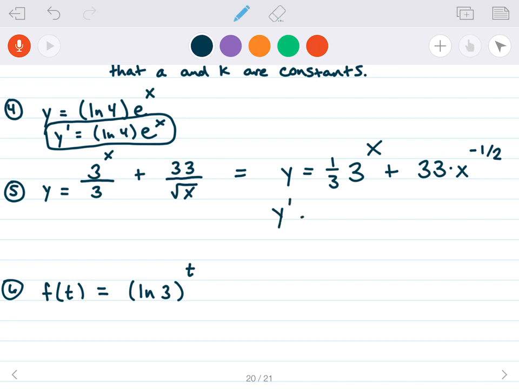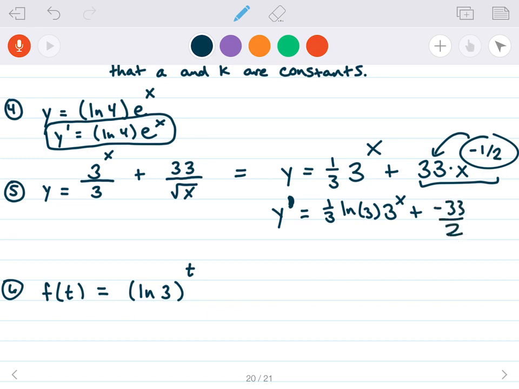So y prime by the orange rule on the previous slide is going to be 1/3 ln of 3 times 3 to the x, and then we have plus. Now this guy, I'm just using the power rule because we don't have a variable in the exponent. So remember, I multiply these together and subtract 1 from the exponent. So this is going to be negative 33 over 2, x to the negative 1/2 minus 2 over 2, which is negative 3 over 2. So this is our derivative.